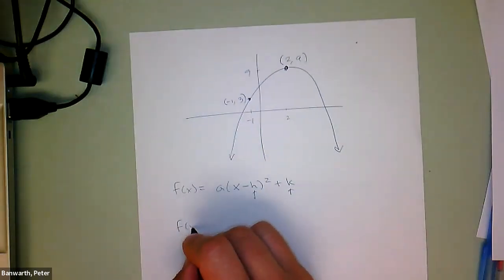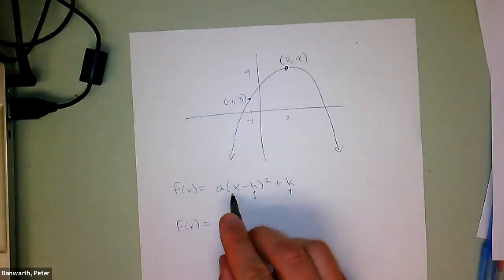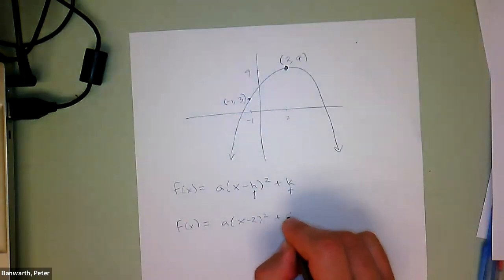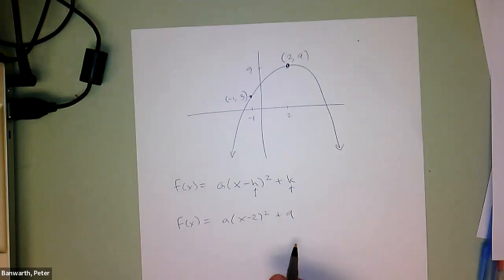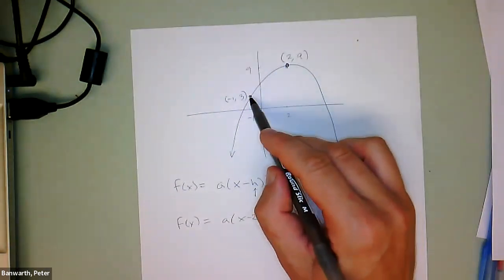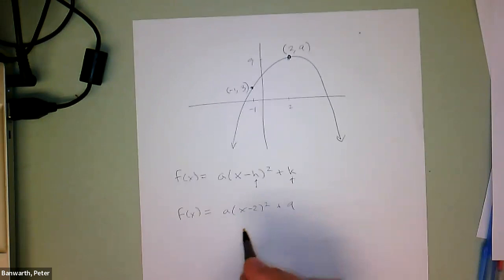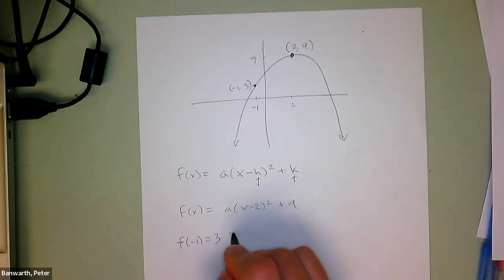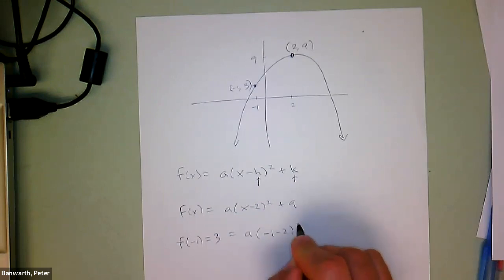So in this case, it's going to be A times x minus 2 squared plus 9. And I have my vertex and I have one other point, so I can figure out that missing piece of information, because I know if I put -1 in, I get 3. So that means 3 should be A times -1 minus 2 squared plus 9.